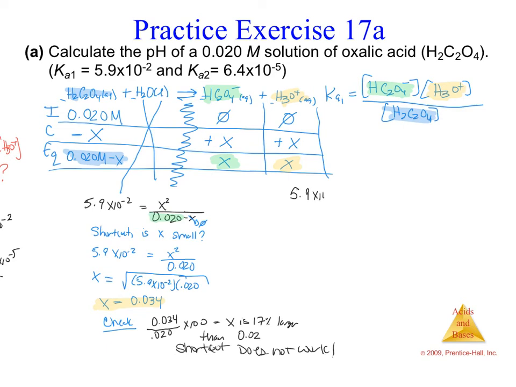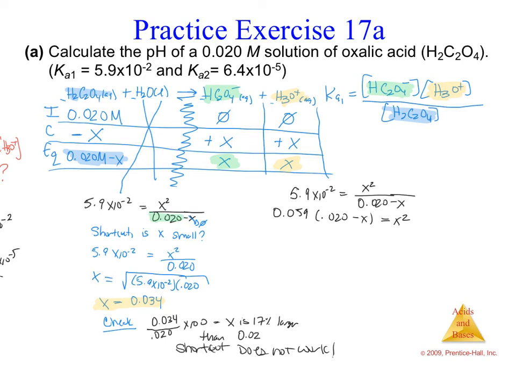So we know that our k value is 5.9 times 10 to the negative second, which equals x squared over 0.020 minus x. So now we go ahead and use the algebra that we know. So we have to multiply 0.020 minus x by both sides.